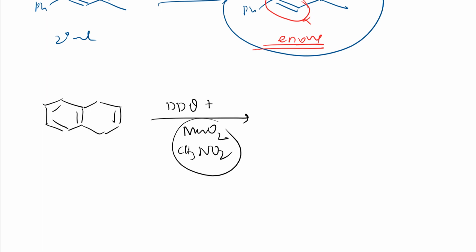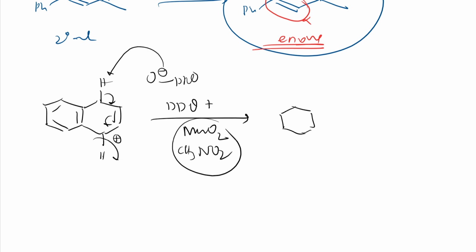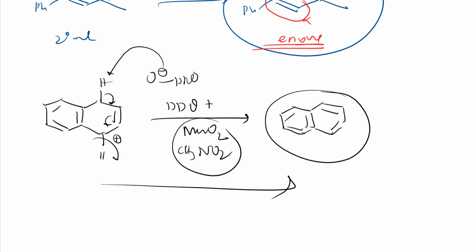With DDQ, first you remove this hydride, so a carbocation is formed and that oxygen gets a negative charge from this DDQ, right? The oxygen takes this proton and this bond will shift, this bond will shift, and I'll get this product, right? Which is aromatic now, right?